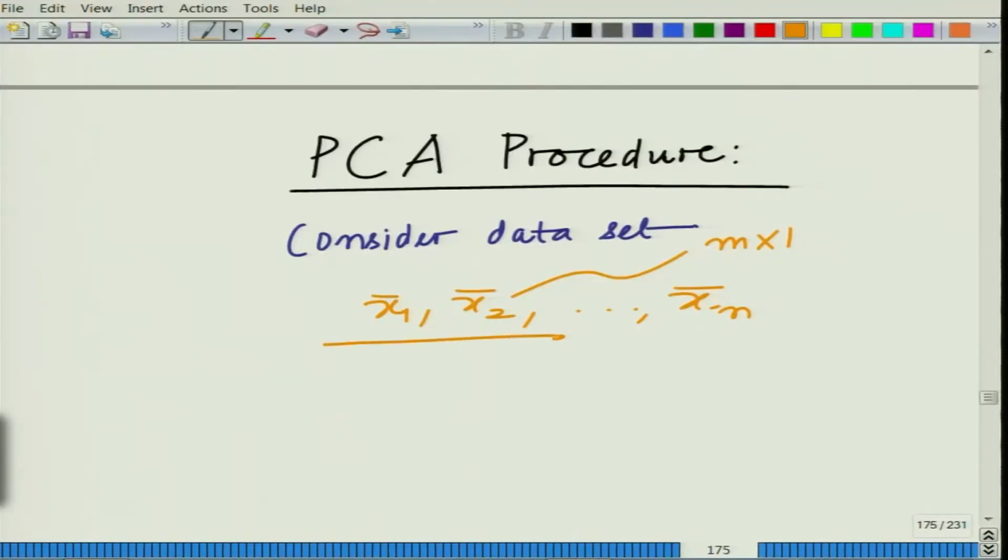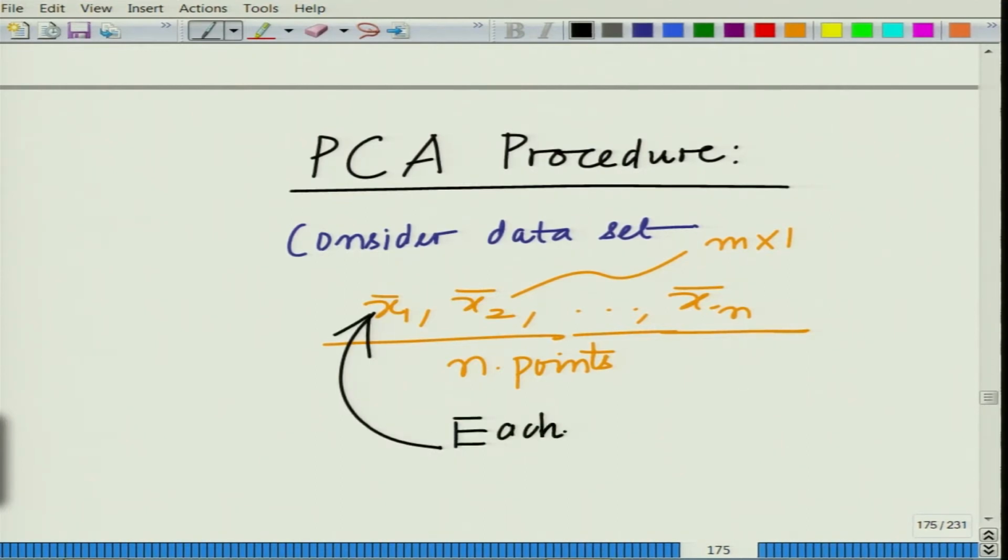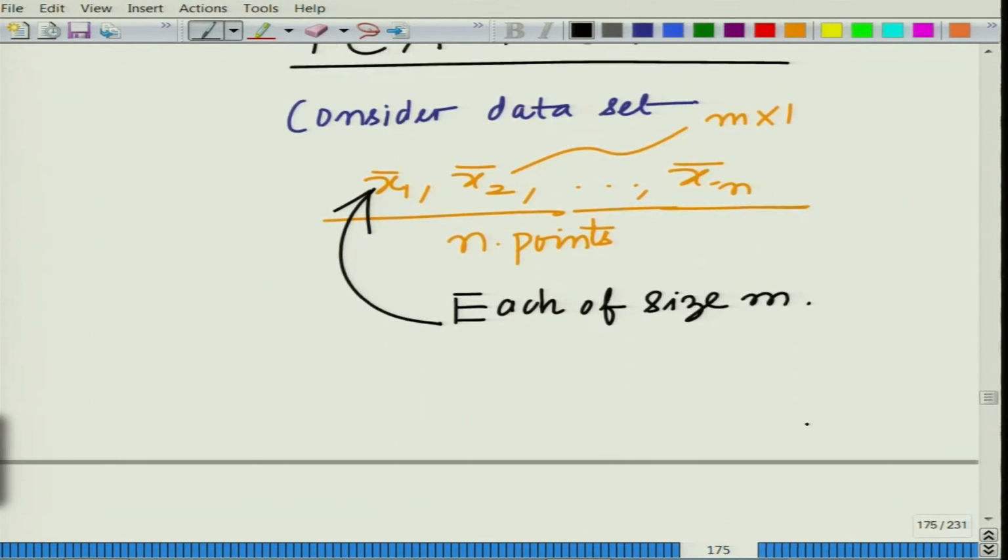These are your n points, or n vectors of dimension m, and each vector is of size m.